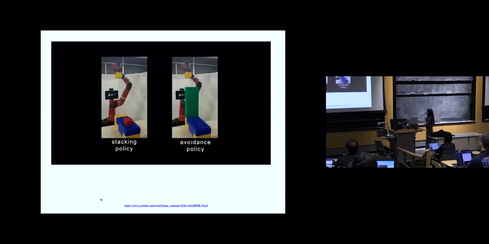Yeah, so now it's the composability on the actual robot. Two policies. The first is trained to stack. The second is to avoid the specific green wall. And the new policy, which we will not train for, will be to stack while avoiding the green wall, okay?